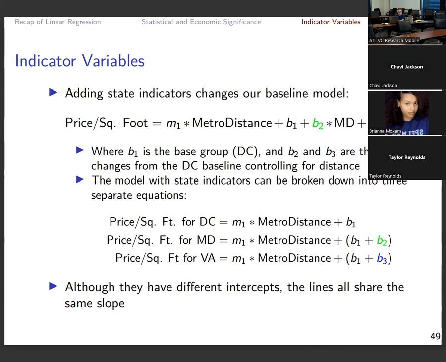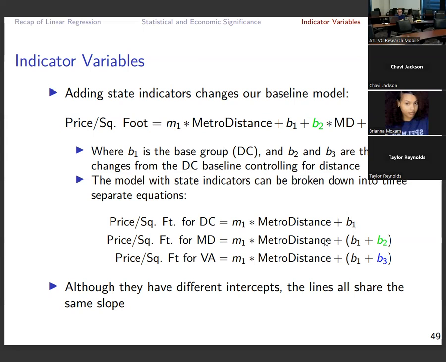And B3 plus B1 would be the same thing, but for those properties in Virginia. So if I look at the equation here and the parameter estimates, I can infer the price per square foot for properties in DC by taking what's common to all of them, this M times metro distance. For DC, all I have to do is add in the B1.